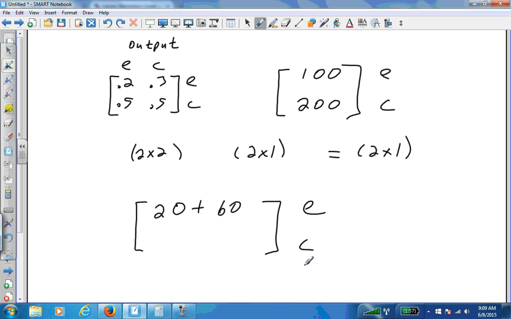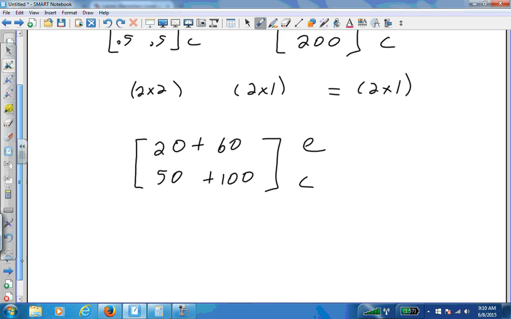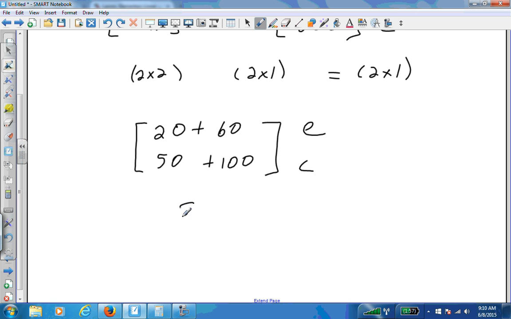How much coal do we need? 0.5 times 100, 50. 0.5 times 200, that's 100. So 80 units of electricity, 150 units of coal.